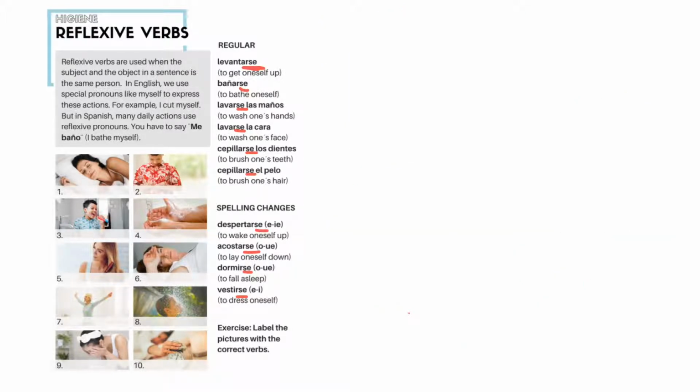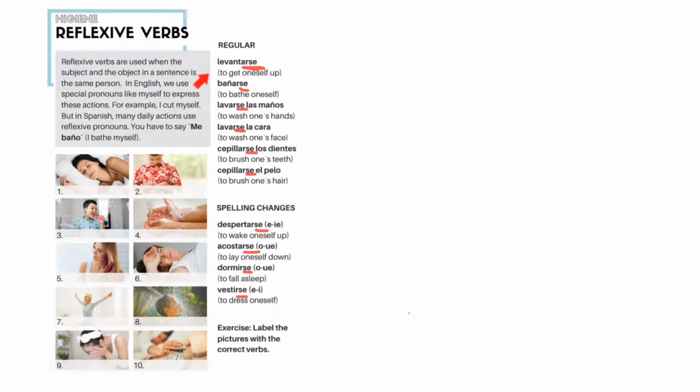Let's practice for pronunciation purposes because we have levantarse, bañarse, lavarse las manos. Manos is irregular. It's feminine even though it ends in an O. Lavarse la cara. Cepillarse los dientes. Cepillarse el pelo.